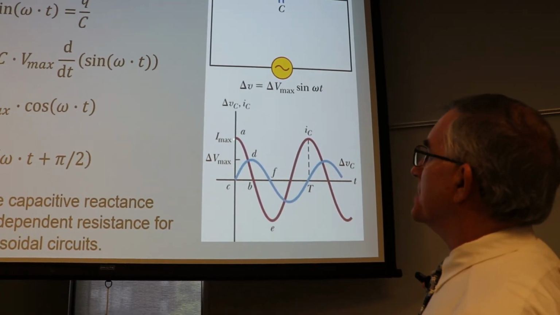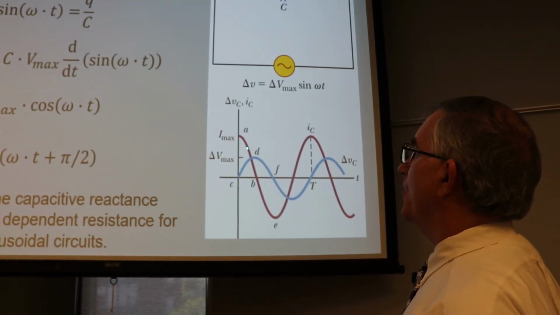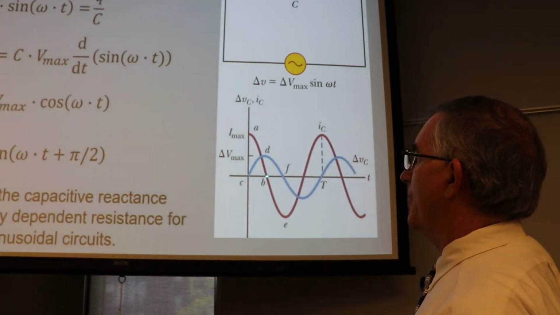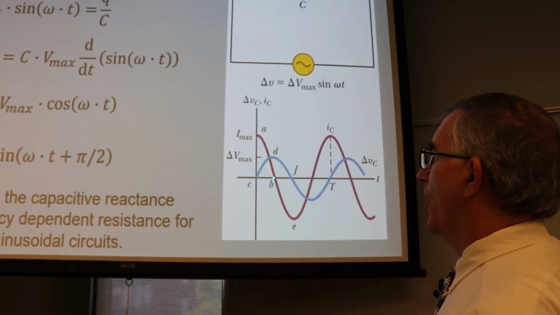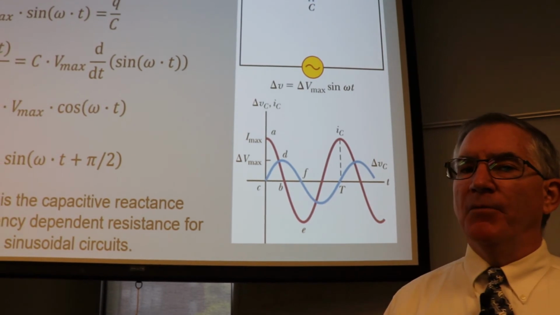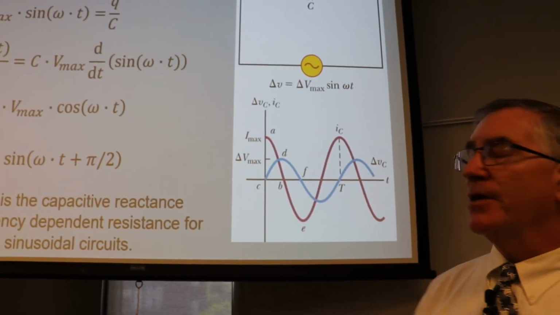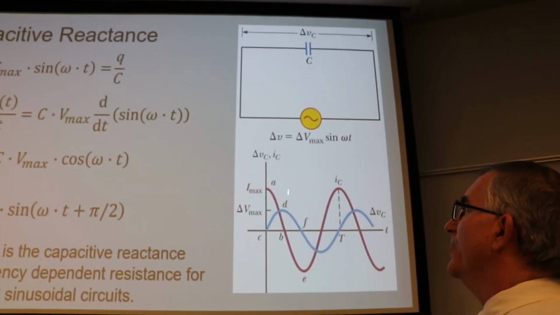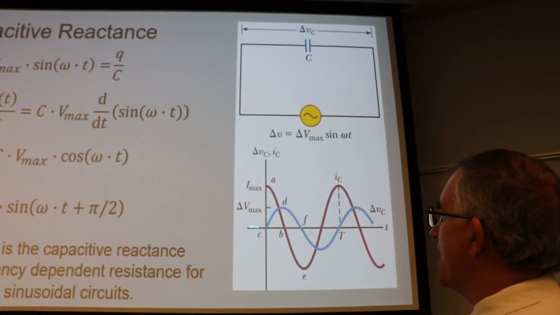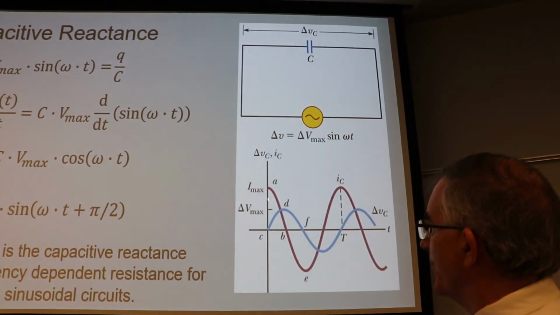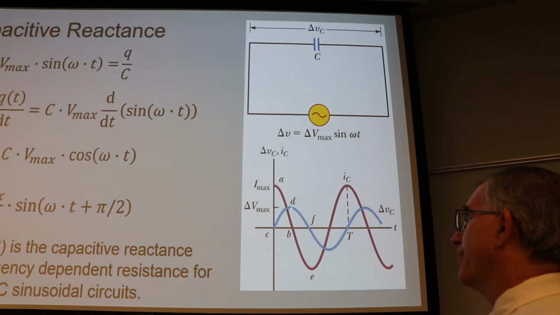All right, and as the plates charge up, then the current goes down. You studied that in lab, and when the current is 0, then the voltage is a maximum across the capacitor. So you can see the current is ahead of the voltage. Remember, this is time over here, so this comes first and that comes second.